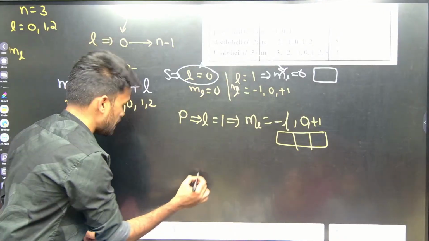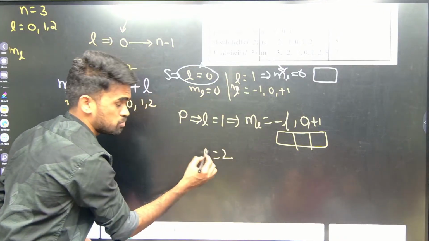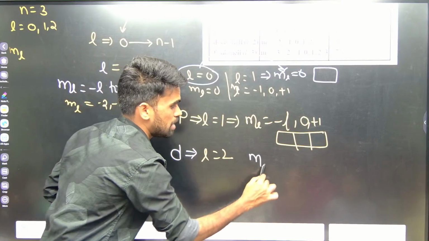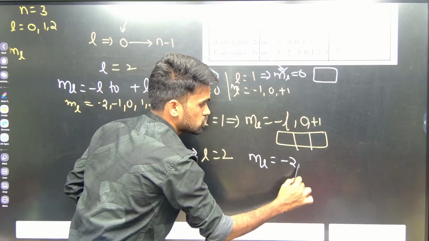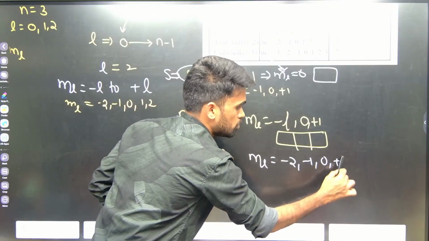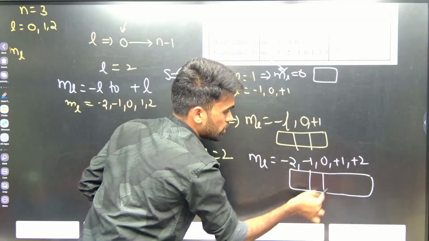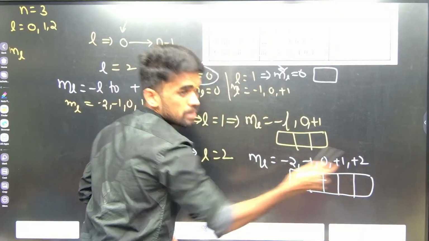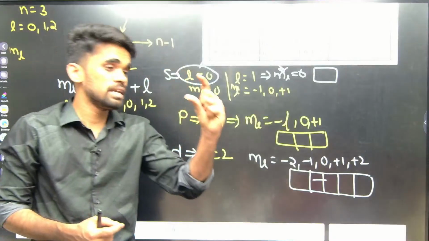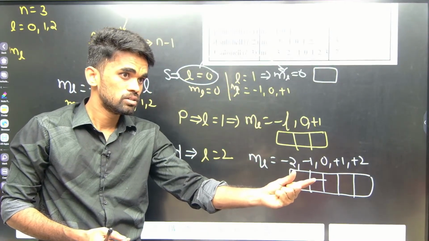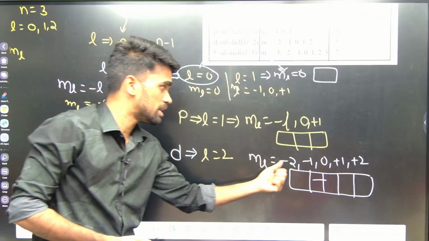If I say L equals 2, what is this subshell? D subshell. What are the ML values? Minus 2, minus 1, 0, plus 1, plus 2. How many numbers did you get? That's why you write 5 boxes, 5 orbitals. So in the d subshell, how many orbitals are there? 5 orbitals.